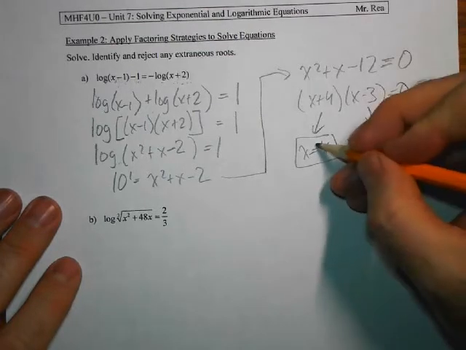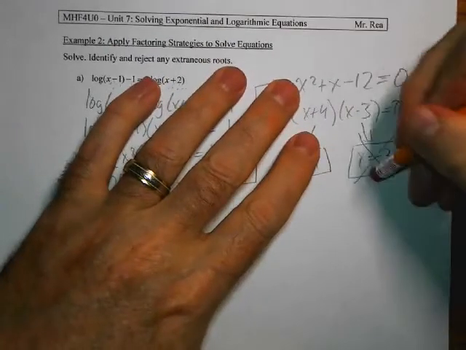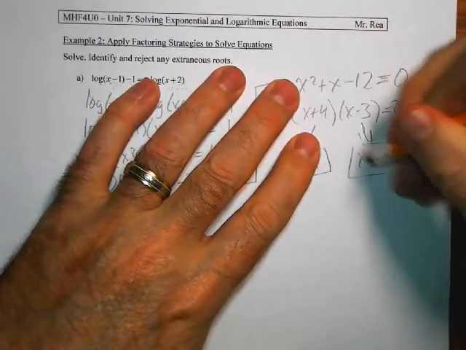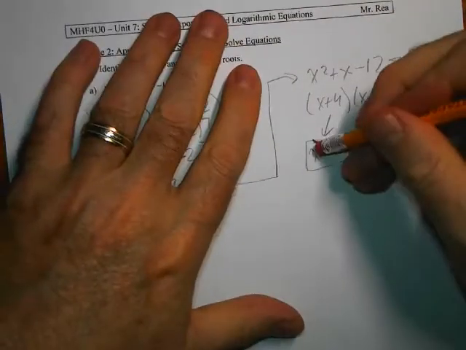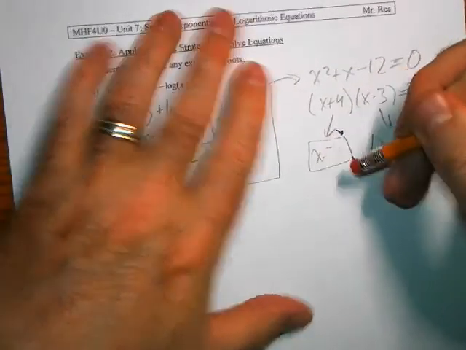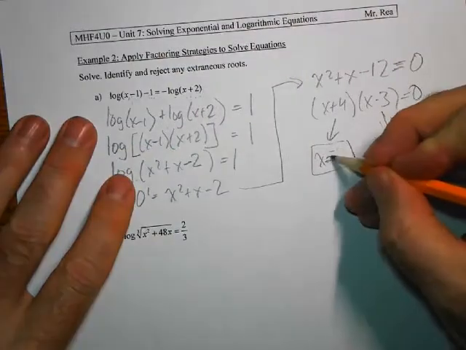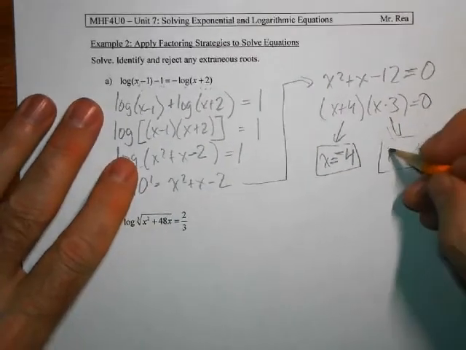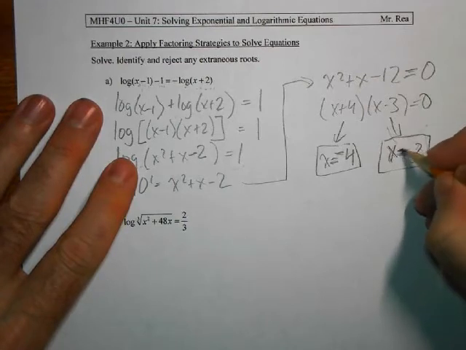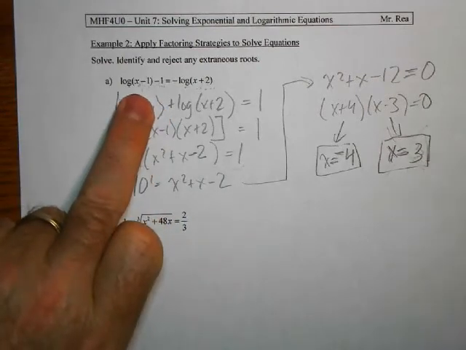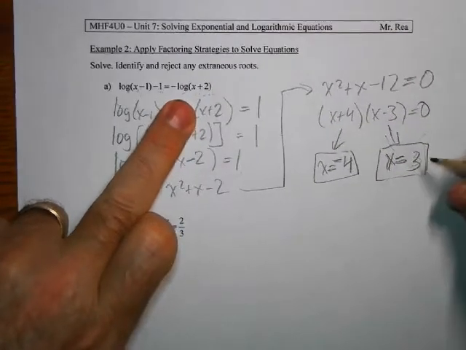Oh, hold on. I had the wrong numbers here. Negative 4 and positive 3. Let me make this clear. X equals positive 3. Okay, so in this case, the positive 3 is fine. I get a 2 and a 5 for the logs.